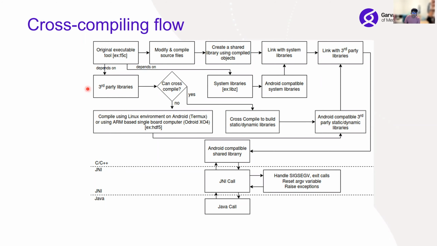So as you can see, it's a mix of systems engineering steps where you make a shared library out of the tool and then use this thing called the native interface to link to the GUI, which is here.